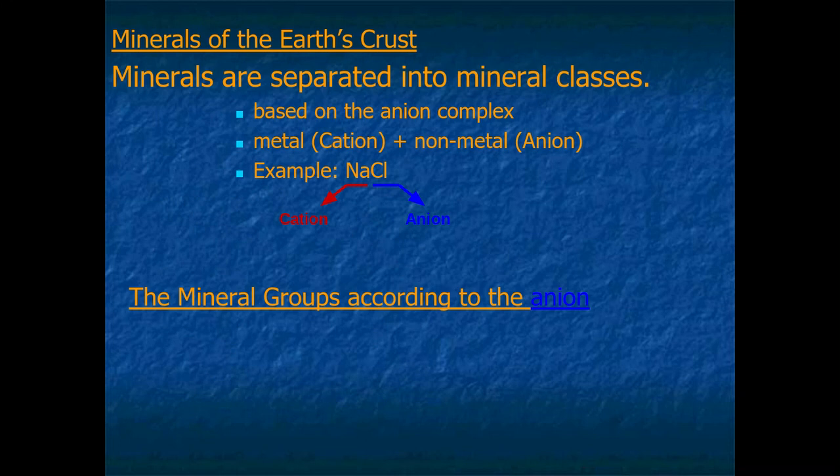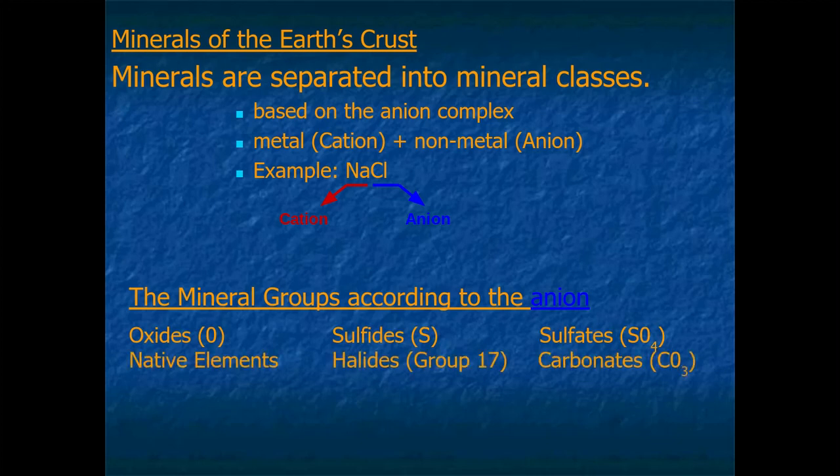The mineral groups according to the anion, I think we got about 7 of them: the oxides, the sulfides, the sulfates, the native elements, the halides, the carbonates, and the silicates. Each of these mineral groups groups minerals according to the anion, or the non-metal.